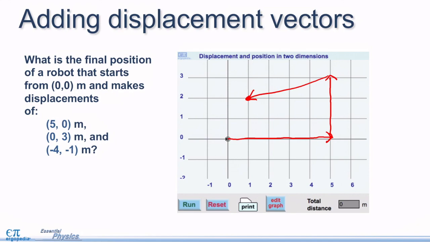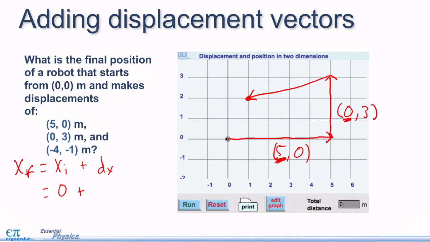So our x final should be equal to our x initial plus displacement in the x direction. So x initial is 0, plus we have +5, then 0, then -4.